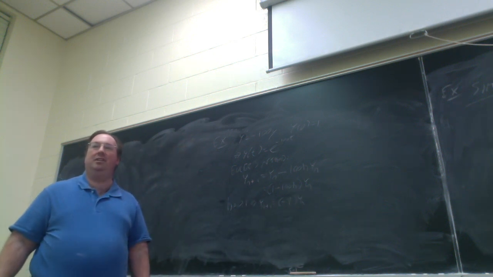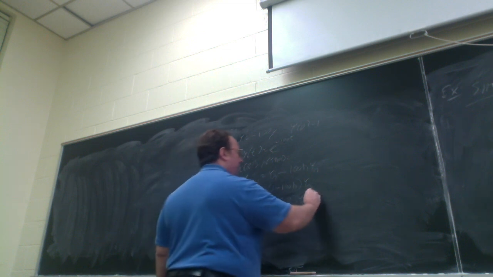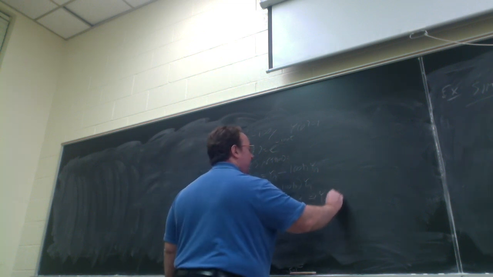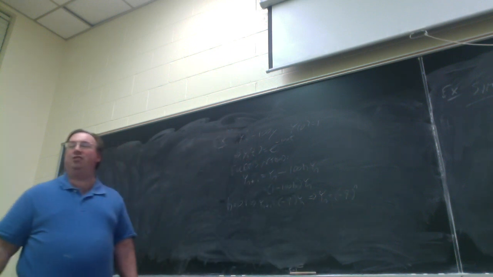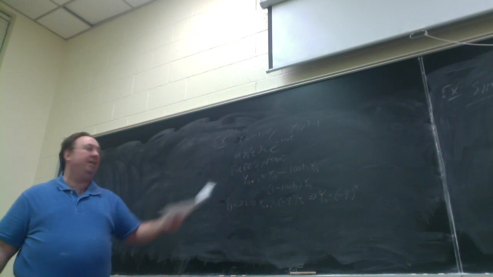Well, that's not going to work well at all, because then your numerical solution is minus 9 to the n. Exponential growth and oscillation, whereas you're supposed to get exponential decay.